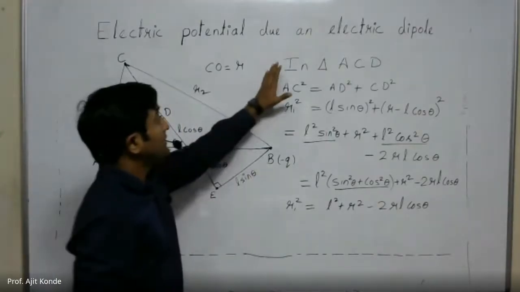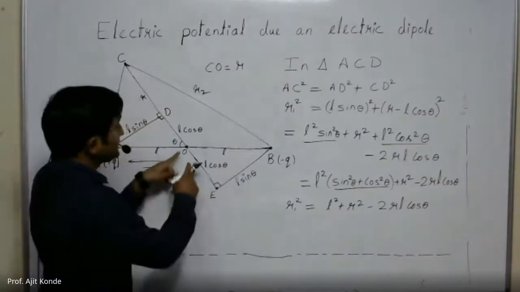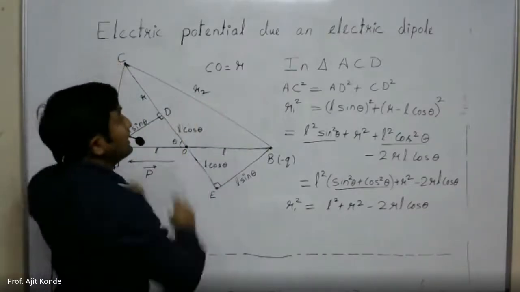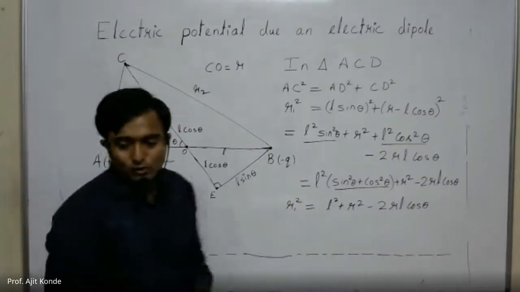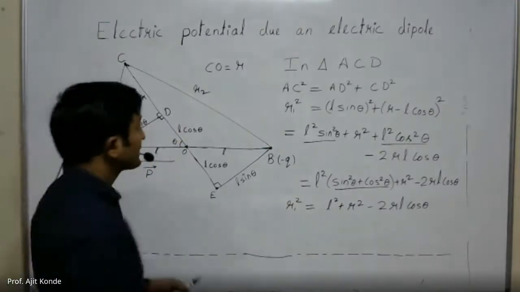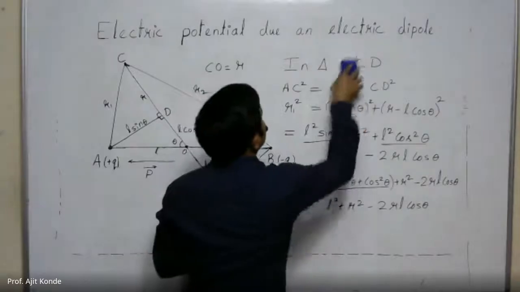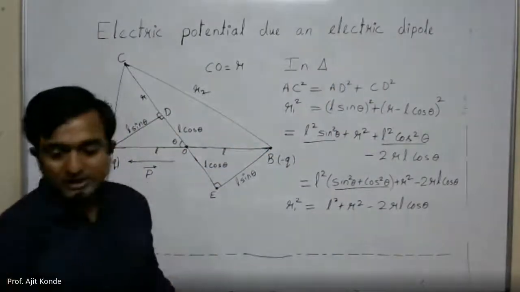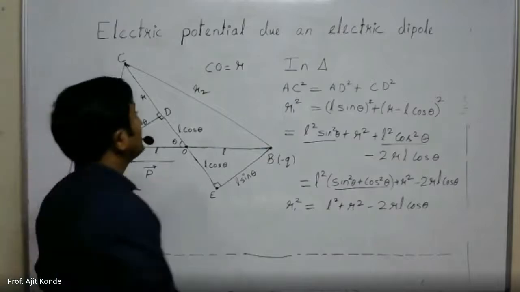Okay. Then if we see this triangle, now we have to find the value of R2. And for finding the value of R2, we will take a triangle. What will be the triangle now? That will be BEC.